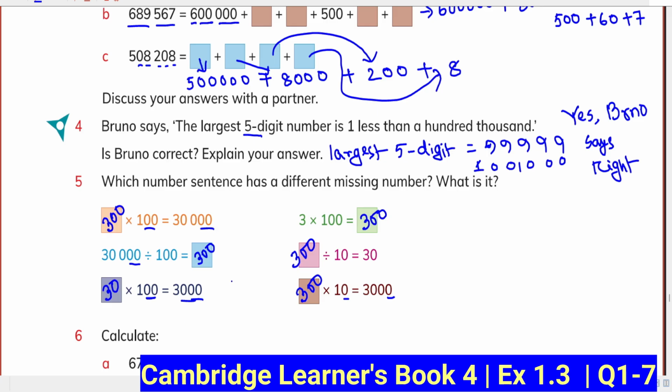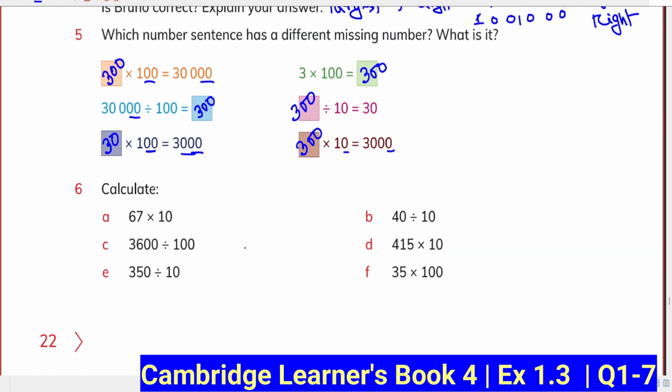Okay, very simple. Now calculate 67 times 10. Very simple. If you want to multiply any number by 10, just put a 0 at the end. It means 67 and just 0. 3600 divided by 100: once you divide, these zeros are out, so it's only 36. 350 divided by 10: the first 0 will be out, equals 35.